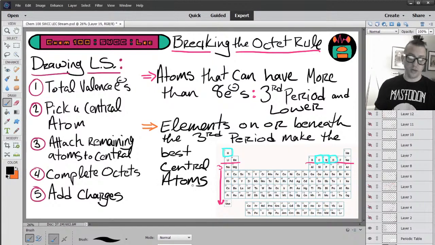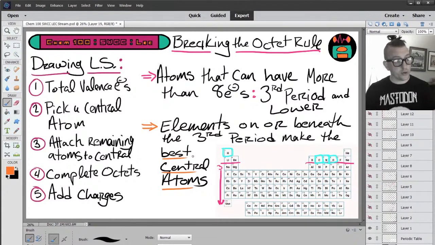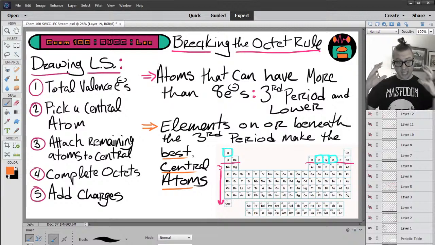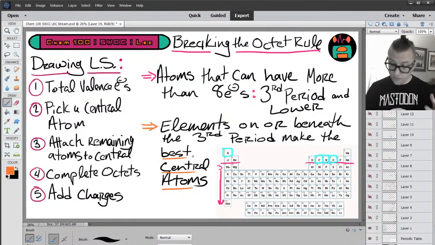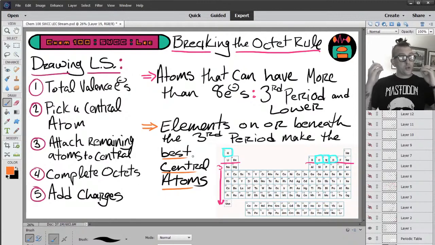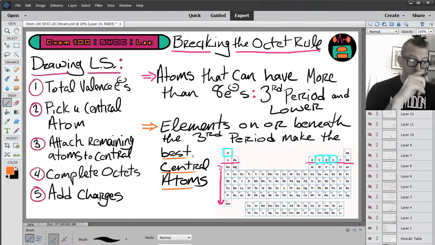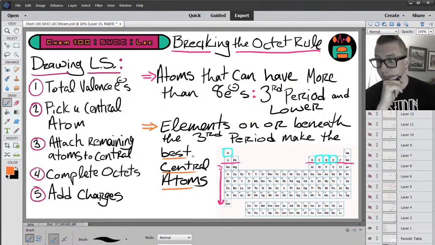And that is why I'm bringing this up to you today. If an element is on the 3rd period or lower, it will make the best central atom, because you always want the element that can make the most bonds for your central atom. And if it's allowed to break the octet rule, it can make more than 4 bonds. So always pick 3rd period elements or lower when it comes to selecting a central atom.